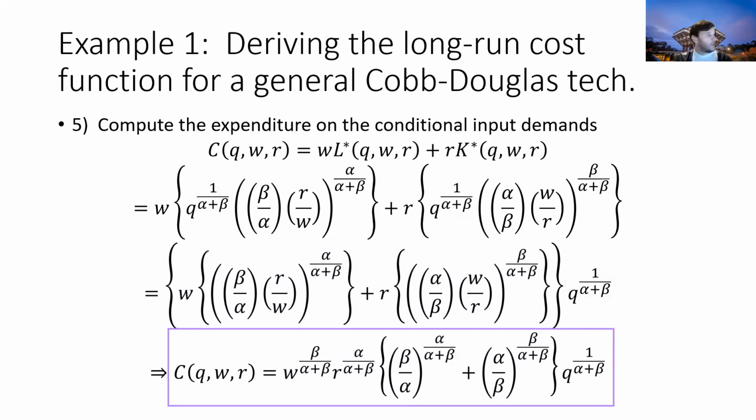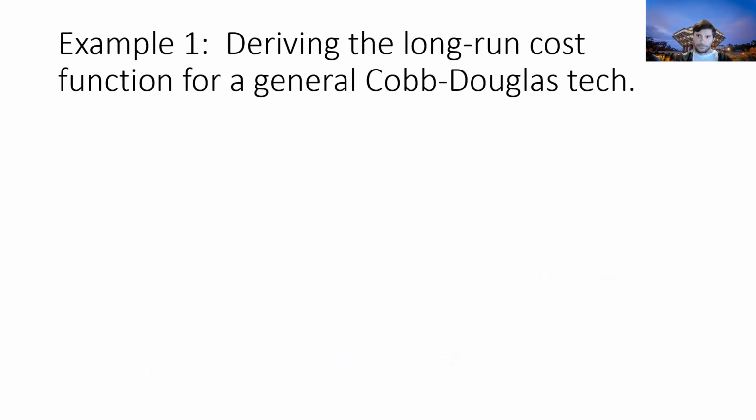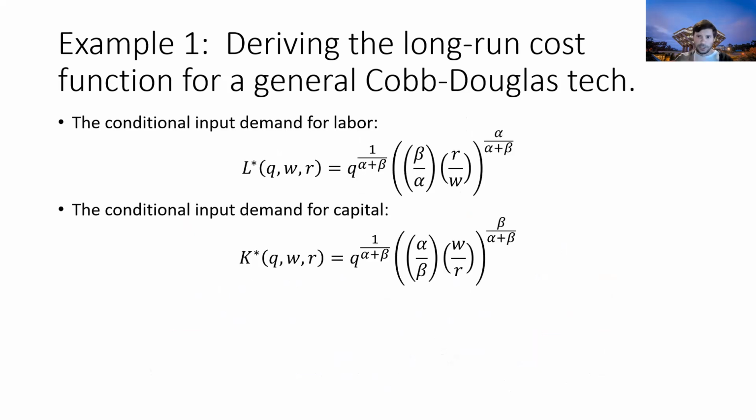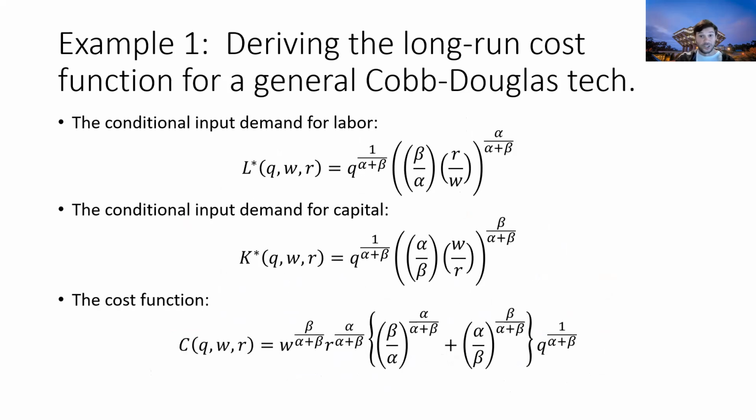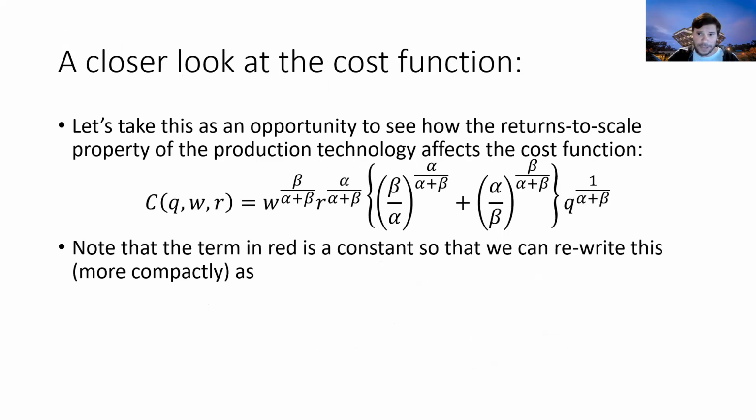All right, so here's what we're going to do. Given the conditional input demands, we found those by solving the cost minimization problem. And we found our cost function by valuing and finding the expenditures of those conditional input demands. Now, this term out in front that we were talking about a moment ago, the term in red, that is a constant.